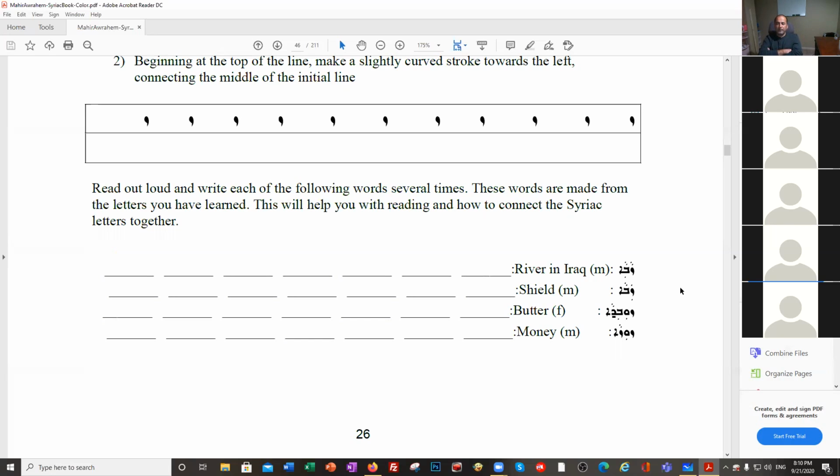How about the third one? You see, we have the dot under beth here. You can pronounce it we, but in the spoken language, to be honest with you, we do not say we, we say be. Can anyone read that one for me?